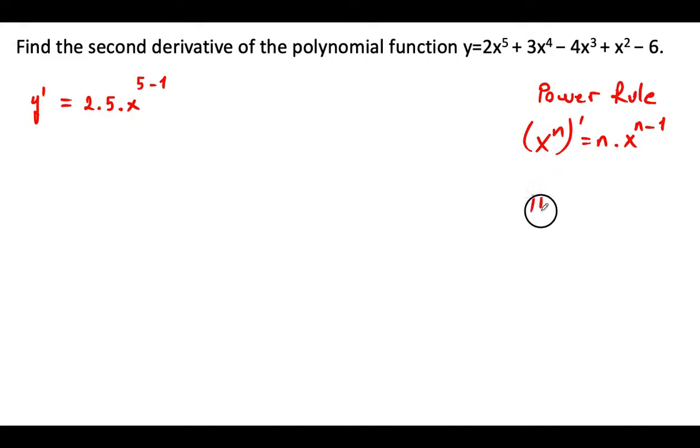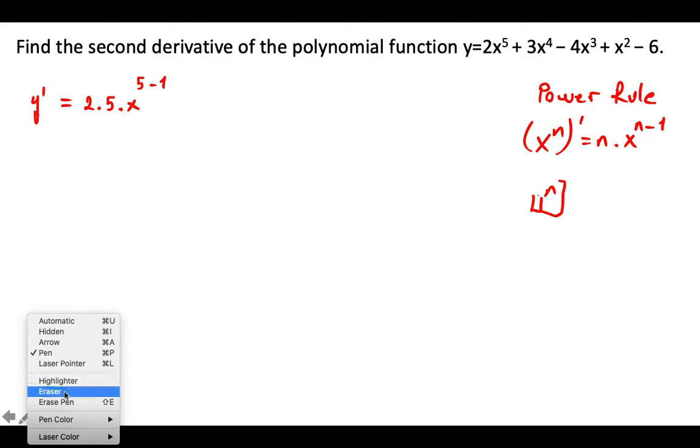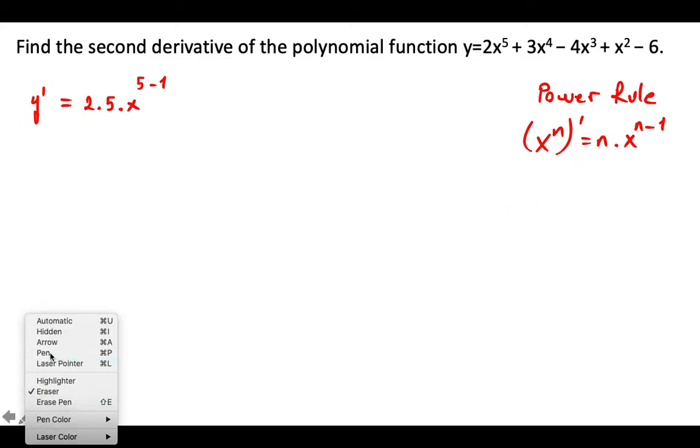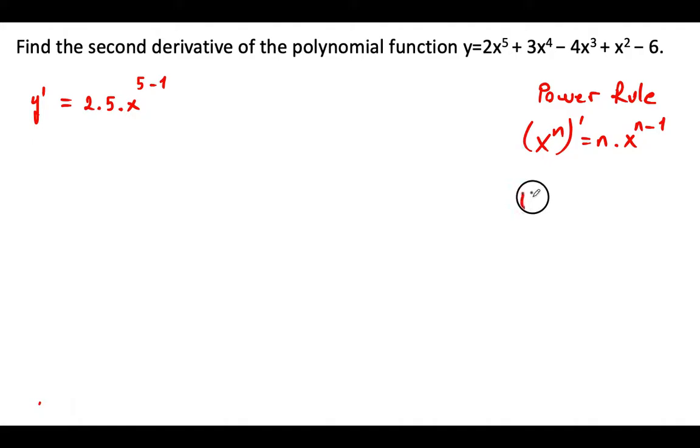Actually, if we generalize this, let me write it better, one minute. Here I can say that the derivative of u to the power of n, where u is any function, will be n times u to the power of n minus 1 times u prime, the derivative of u.